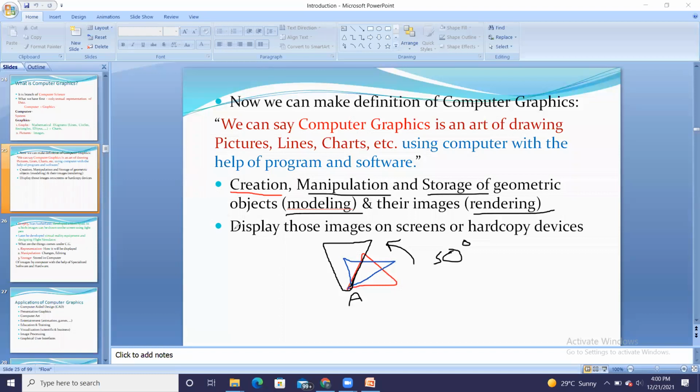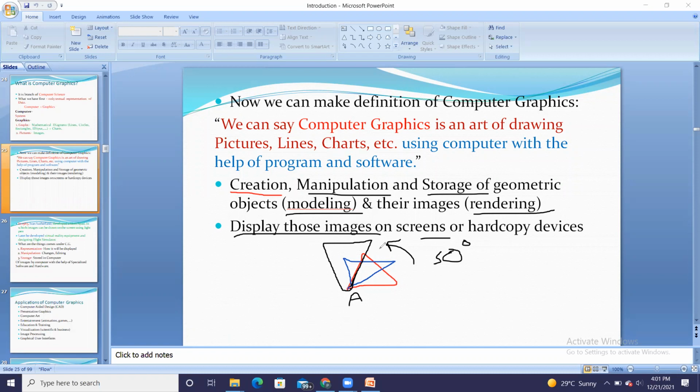And then we are going to display those images on the screen or hard copy devices. Whatever the output is after doing all these things, that output will be displayed on the output screen.